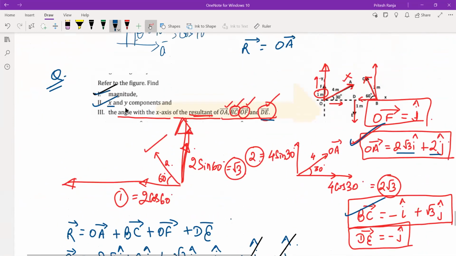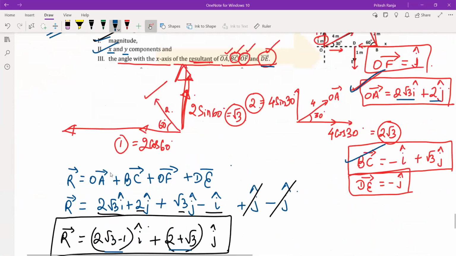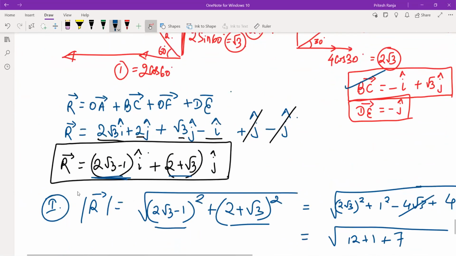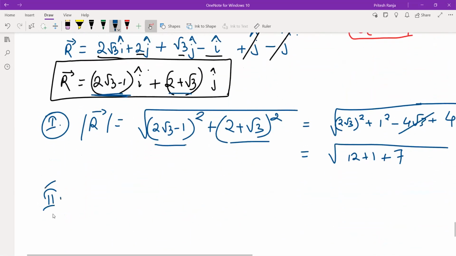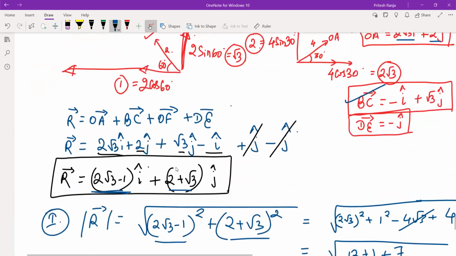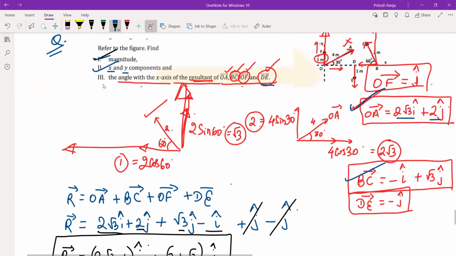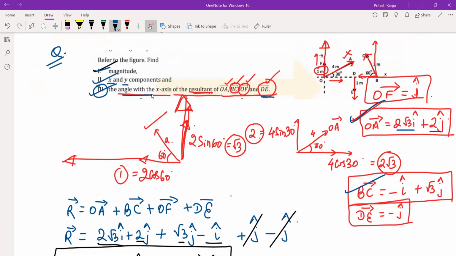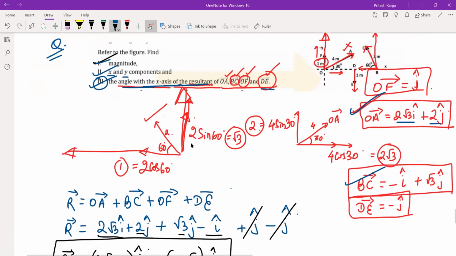Find out the x and y components. So what is the x component? 2 root 3 minus 1. So x component is 2 root 3 minus 1. Similarly, what will be the y component? 2 plus root 3. And number 3, you have to find out the angle with the x-axis of the resultant.